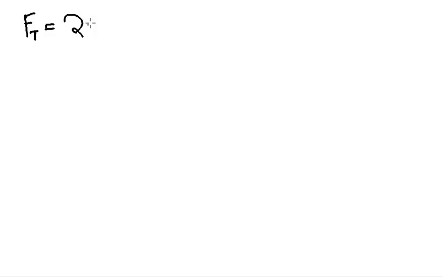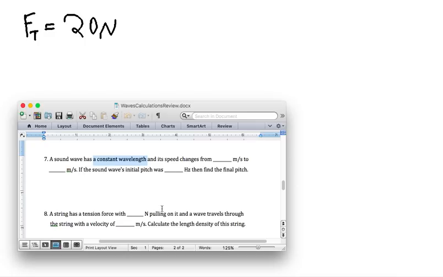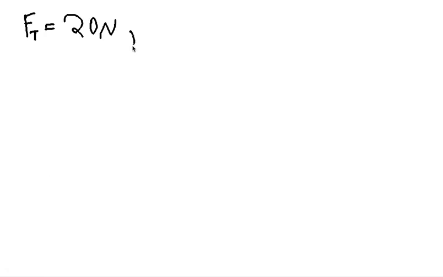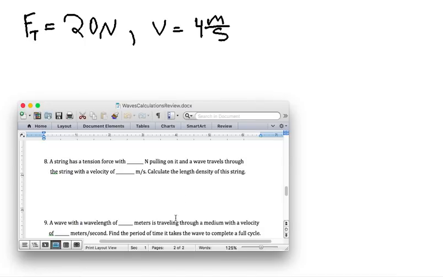Let's say that it is 20 newtons pulling on a string, and a wave travels through it with a velocity of, I'm going to give it a velocity of 4 meters per second. So I need to calculate the length density of this string.